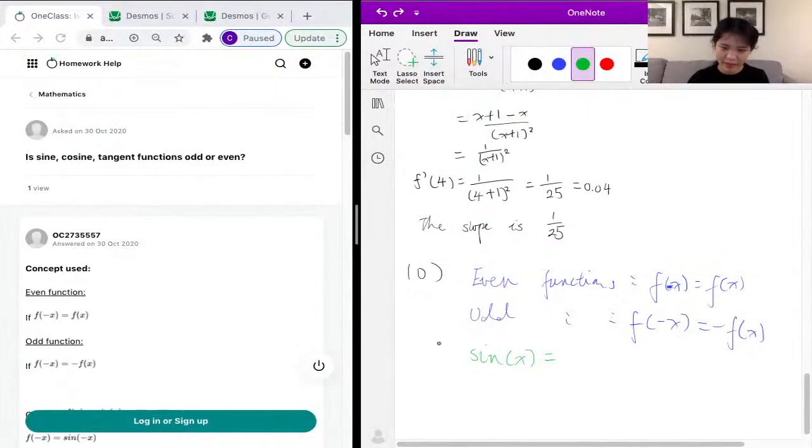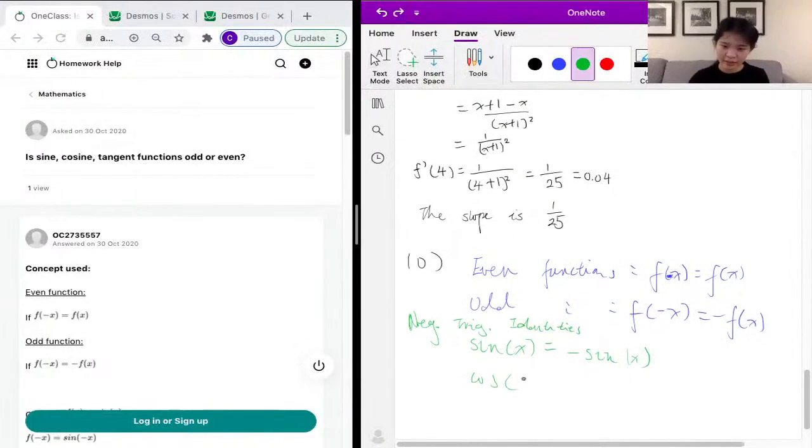From the negative trig identities, we know that the sine of negative x is equal to negative sine of x, the cos of negative x is equal to the cos of x, and the tan of negative x is equal to negative tan of x.